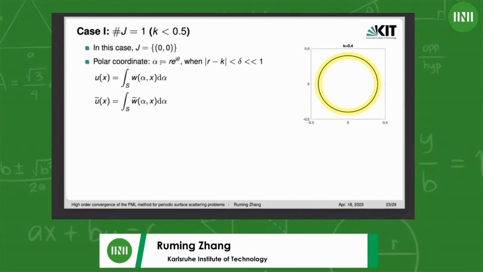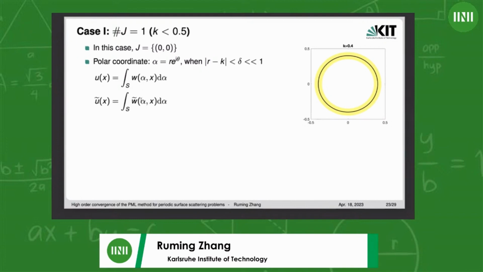So we use the polar coordinate to write alpha as R e^{i theta}. So in the yellow domain, this means R is close to k. Outside this yellow domain, from the 2003 paper, the convergence of W tilde to W is already exponential, so we don't need to worry about that.